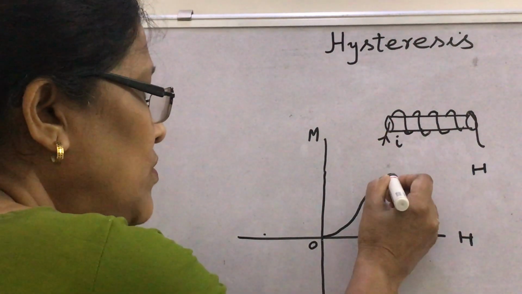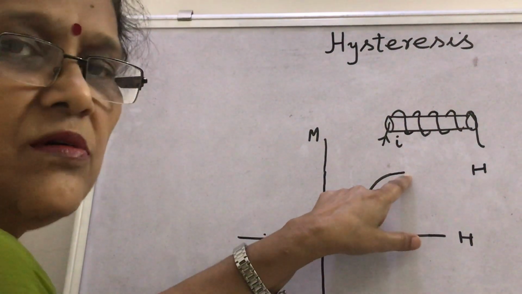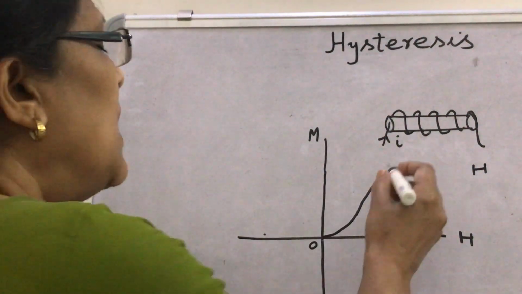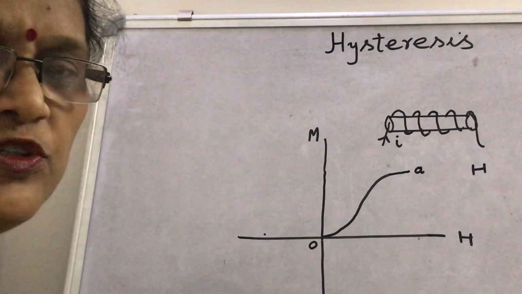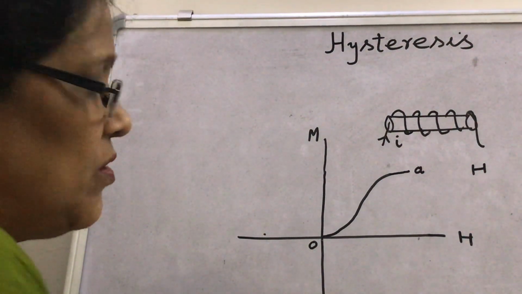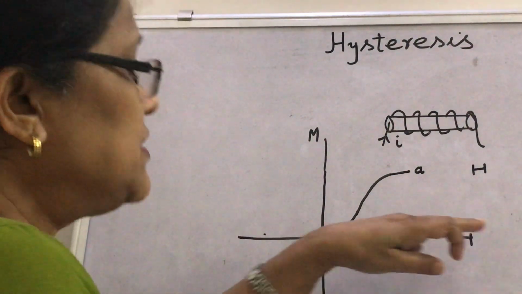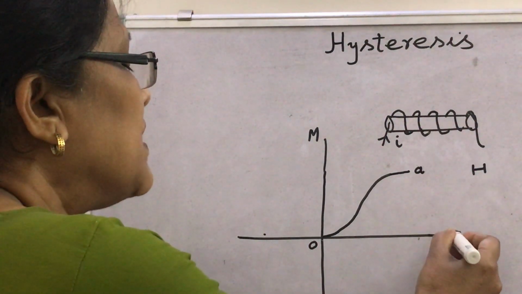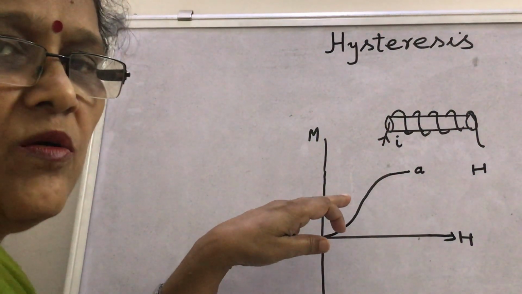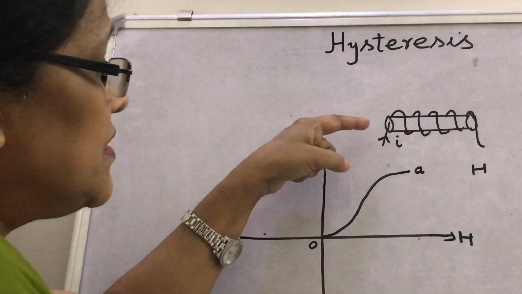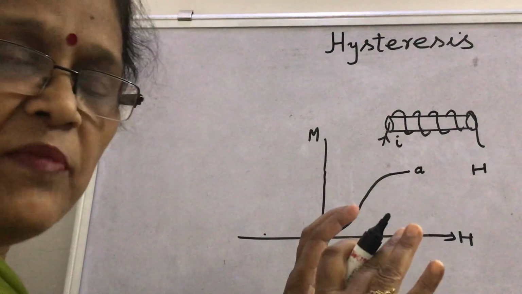and at a particular value of H, the magnetization becomes constant. At this point, suppose A, this is called magnetic saturation. What is the meaning of magnetic saturation? If you increase further the intensity of magnetizing field H, there is no increase in M. This means the rod kept inside the solenoid is totally magnetized, fully magnetized.